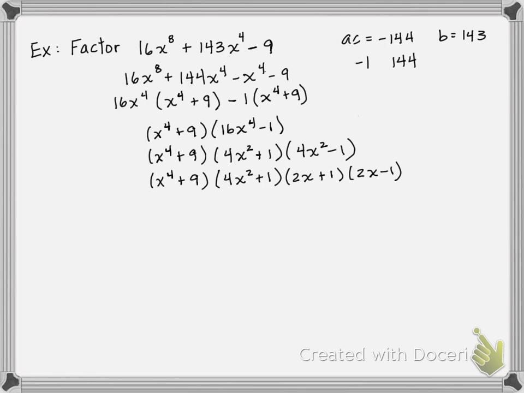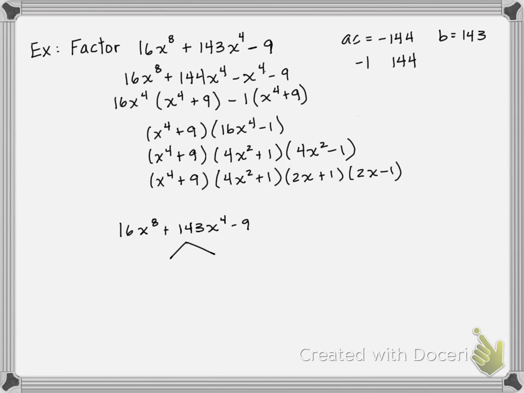So when we're writing our answer out, why do we drop the 4x minus 1? We don't. We just split it up into those two factors. That's what this is equal to. Yeah. So it's like if we did a factor tree, it would look like 16x to the 8th plus 143x to the 4th minus 9.